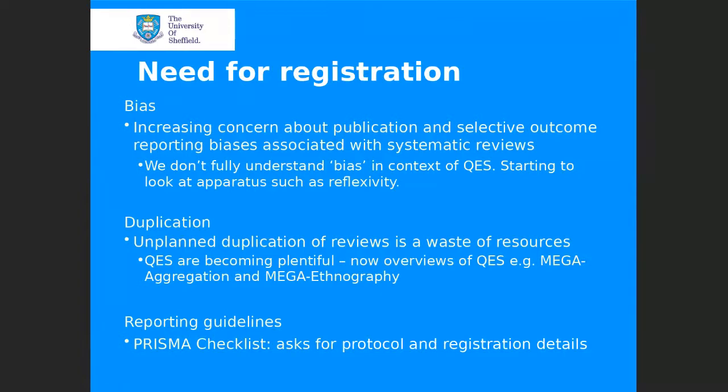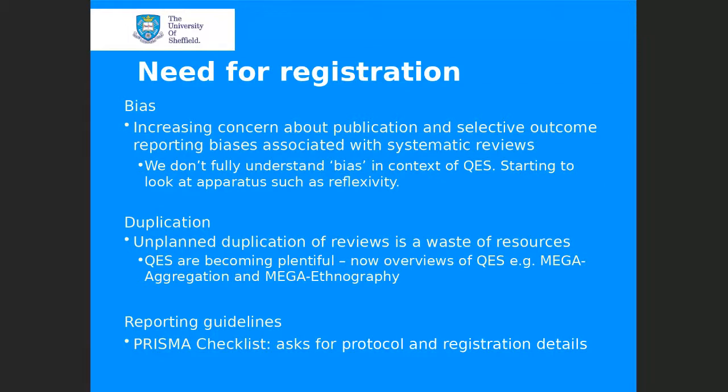As with quantitative protocols, it's important to bear in mind the need for registration. This serves several purposes. Although we don't fully understand bias in the context of qualitative synthesis, we are starting to look at ways of preventing the authors from imposing their subjective opinion. So this would include such mechanisms as reflexivity.